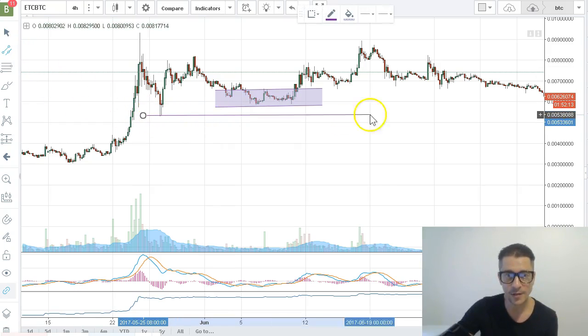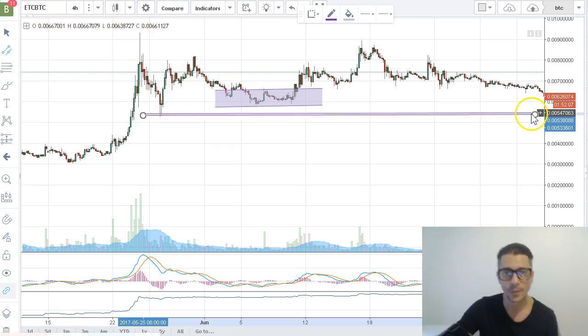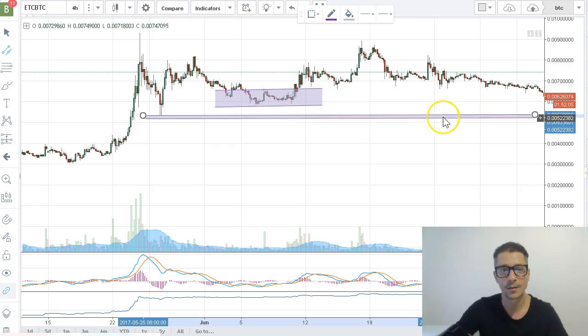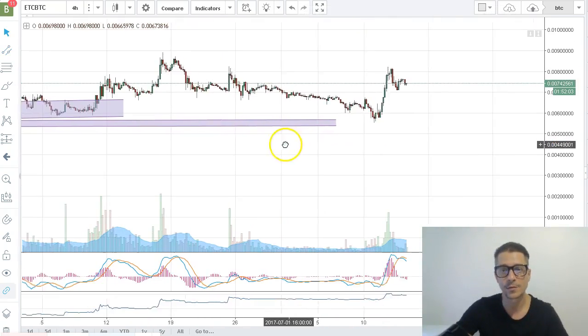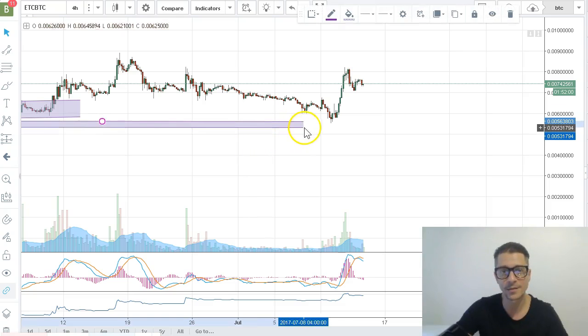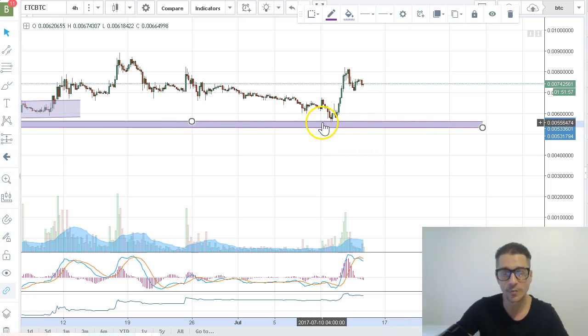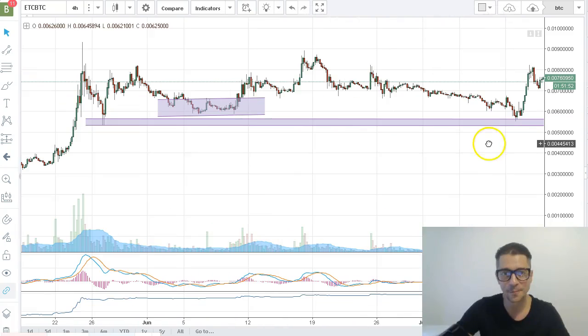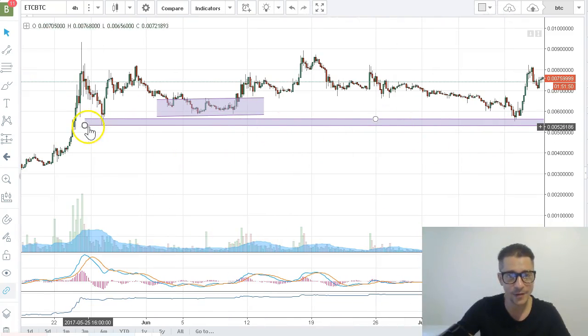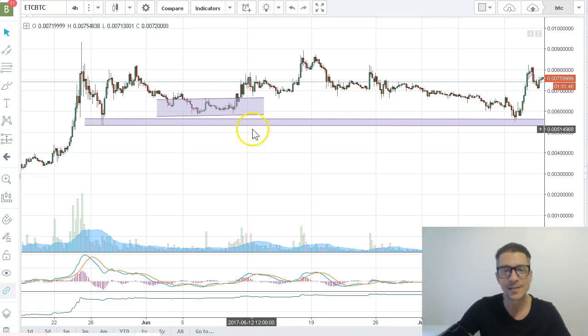Maybe further down the line, you never know what's going to happen, this could actually become a support level. And this is exactly what's happening. If we extend it further, we can see that right now this is in fact our current support level, and it's a support level that was already tested once. So this is how you can identify a support level.